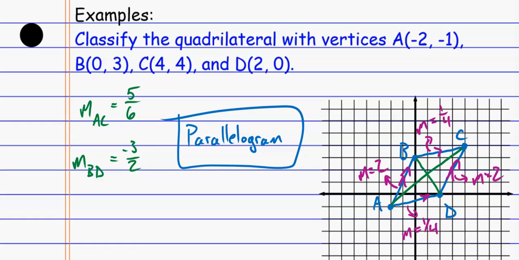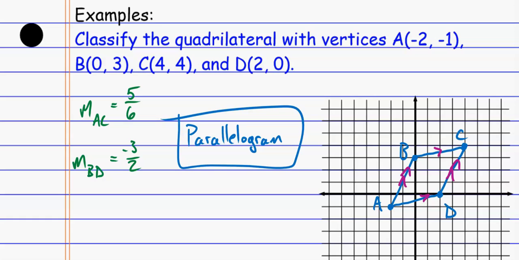If you're looking at this going, I really don't like comparing the slopes, Mr. Jansen, I get really confused with that opposite reciprocal thing. Well, that's okay. So you could look at this one, and after finding out that it's a parallelogram, you could just look at the diagonals and say, hey, are the diagonals congruent? And you could find the length of each of those, and if they're not congruent, then it's not a rectangle, that kind of thing.